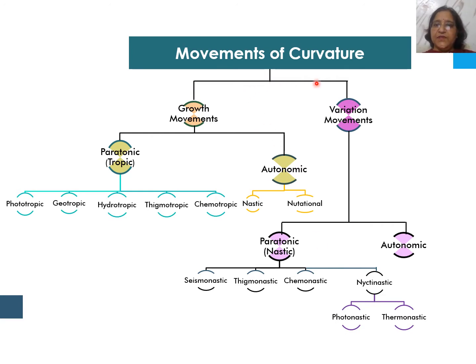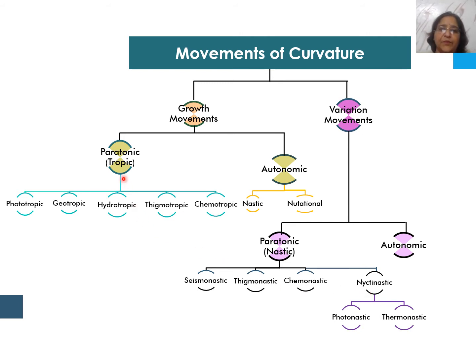This is movements of curvature. They are of two types, growth movements and variation movements. Growth movements are further of two types, paratonic, also known as the tropic movements, and the autonomic movements. Similarly, variation movements are also of two types, paratonic, which is also known as nastic, and the autonomic variations. The nastic movements are of four types: seismonastic, thigmonastic, chemonastic and nyctinastic.